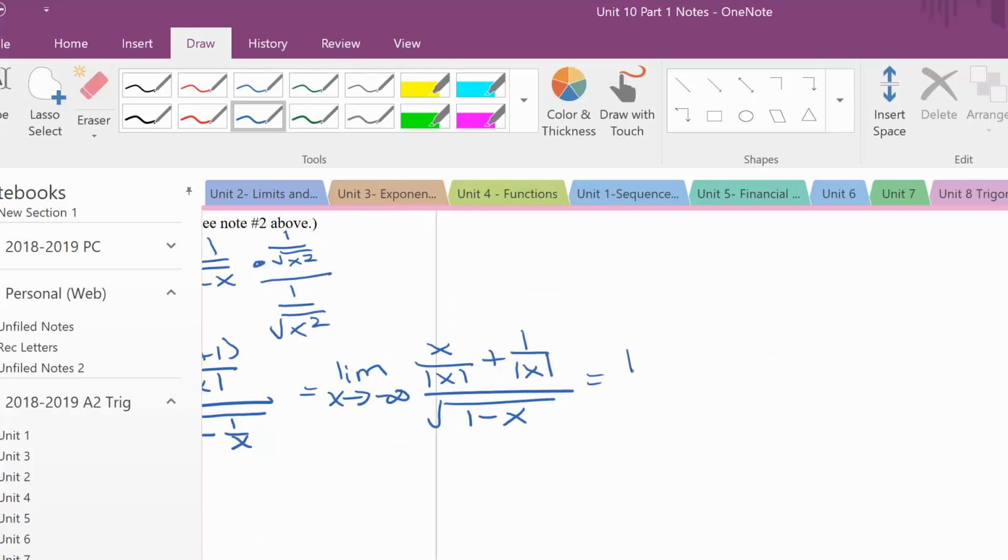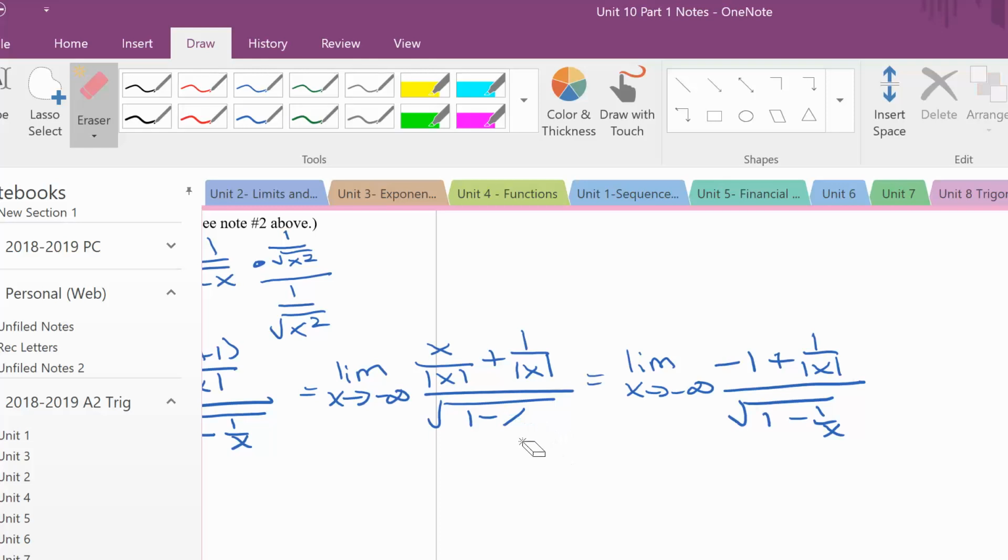So from here, the limit as x approaches negative infinity, x over the absolute value of x, when you put in negative infinity, that means this is going to be a negative number, and that's going to be a positive, so it's going to be negative 1, plus 1 over the absolute value of x, and we'll talk about that in a second when we take the limit, over the square root of 1 minus 1 over x.